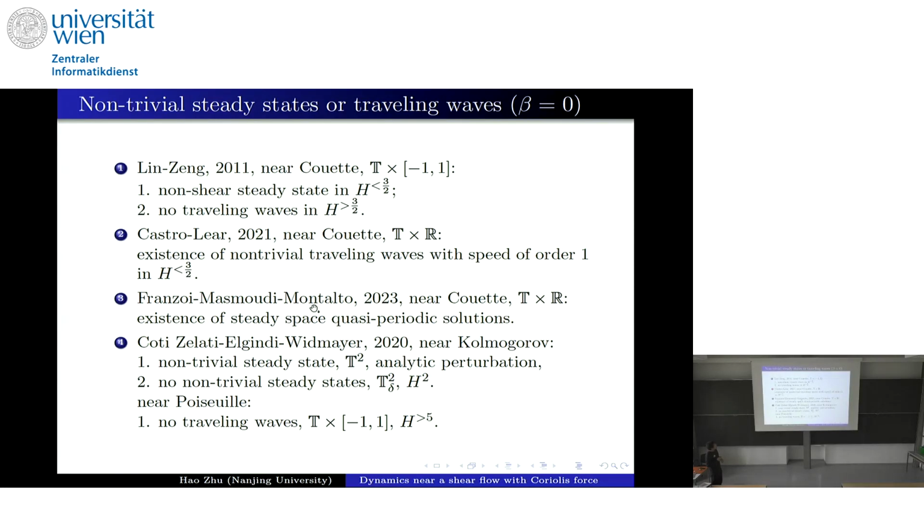And then Castro and Lannes, they mainly focus on the low regularity case. If the perturbation is taken in the low regularity case, then they find some new phenomena near the Couette flow.